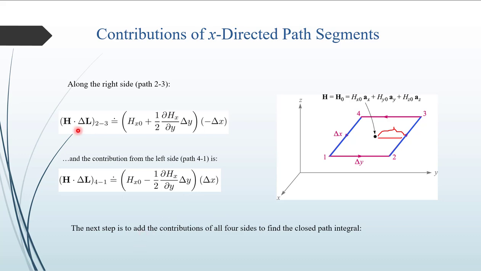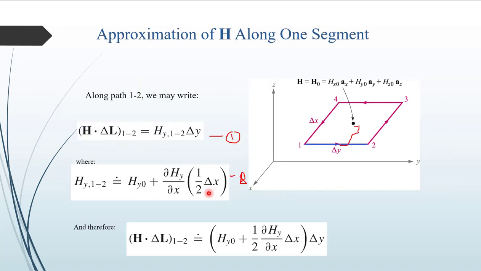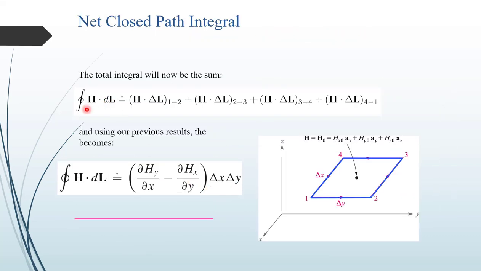So all h dot dl we have to add to apply Ampere's law, because Ampere's law states that the closed line integral of H dot dl is equal to I. We know it. So for this we have to add all h dot delta L for path 1 to 2, plus h dot delta L for path 2 to 3, plus h dot delta L for path 3 to 4, plus h dot delta L for 4 to 1.